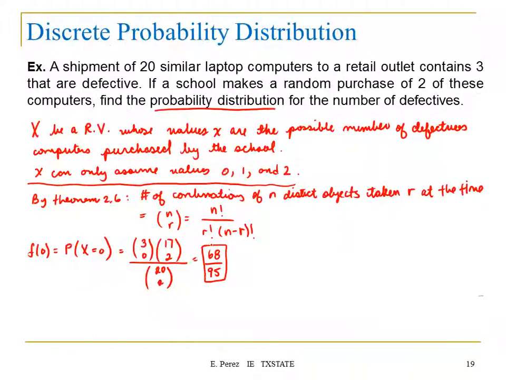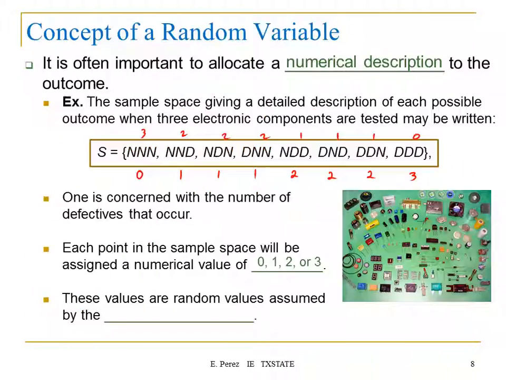Okay? Now, we need to perform the same operation for the probability of x being equal to 1. So we go through the same process. Okay?